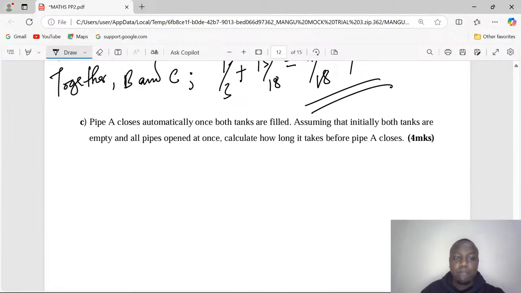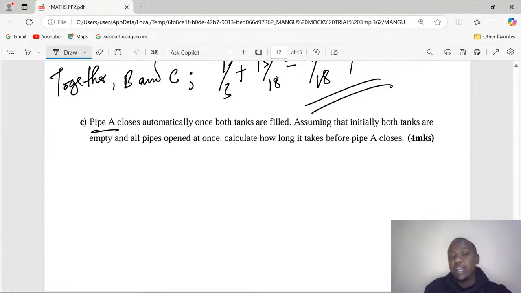And finally, part C: pipe A closes automatically once both tanks are filled. Assuming that initially both tanks are empty and all pipes are opened at once, calculate how long it takes before pipe A closes.